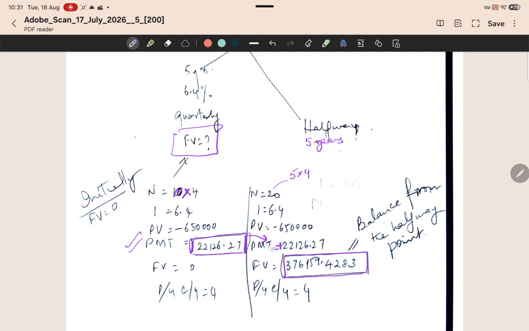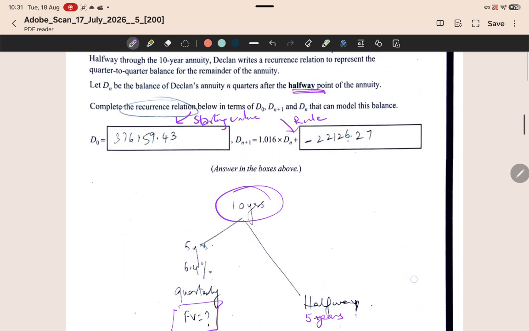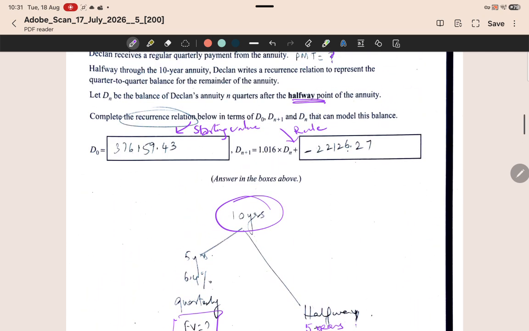So here, that's where you've got to be really careful. And then the future value, as you can see over here, is 376,159.4283. And that is the balance after 5 years, which they are asking you to write as a recurrence rule.